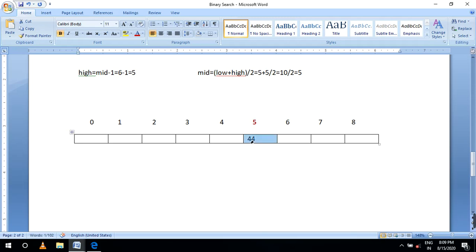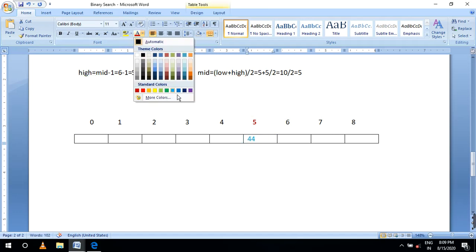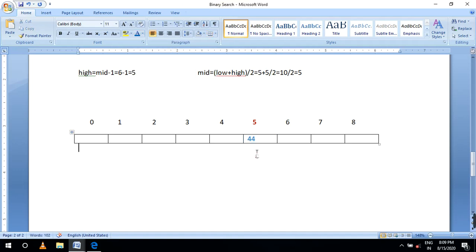Now this is for your low value, mid value, next high value.